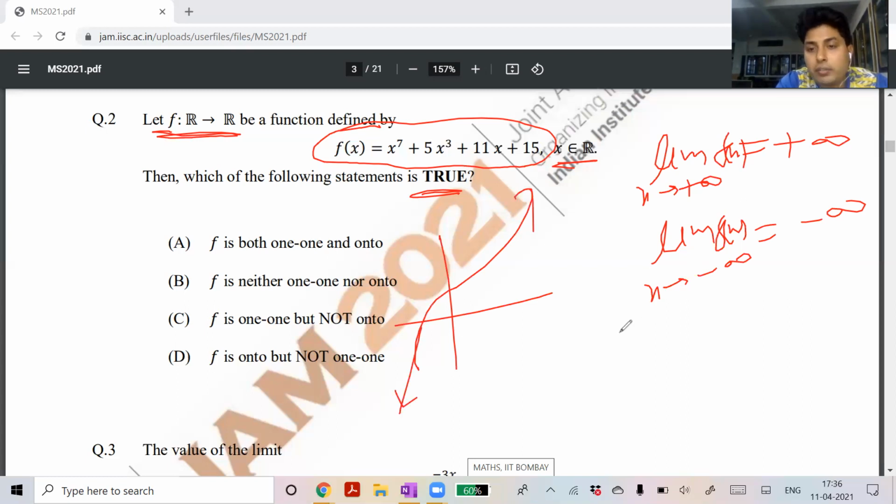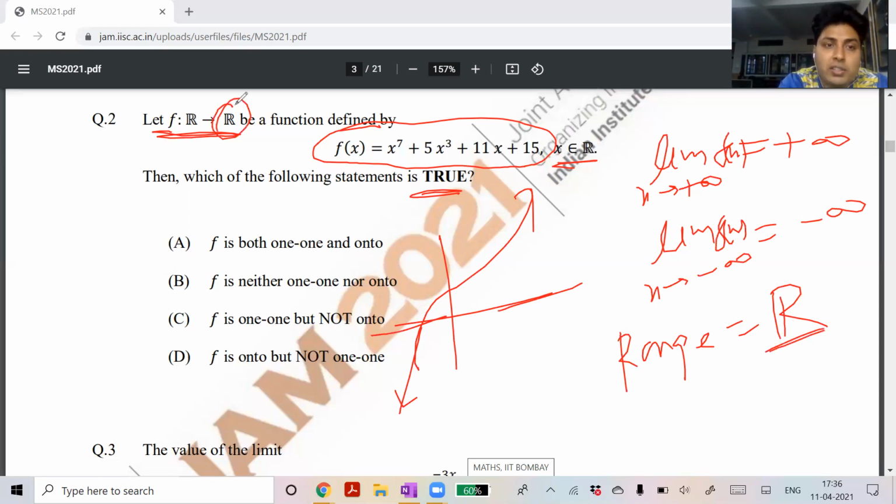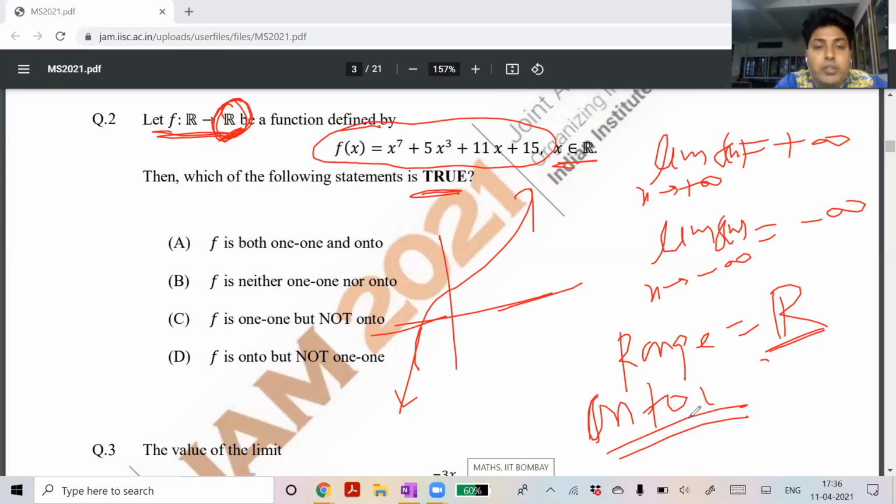This function will give us a range of all real numbers, because it is continuous, and at infinity the value is infinity, at minus infinity the value is minus infinity. So the range is real numbers, and the codomain is again real numbers. Since range is equal to codomain, the function is onto.